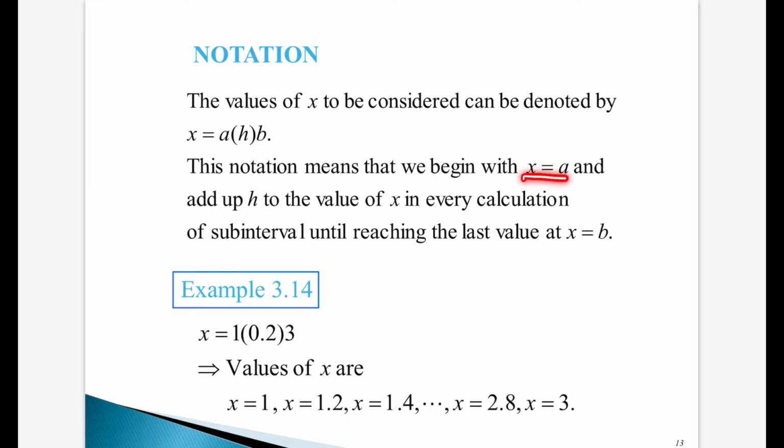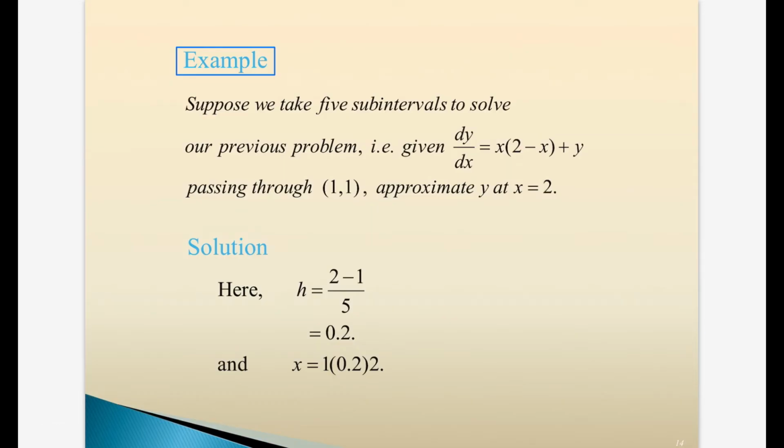So this is your first value a and the last value b. This is your x: x0, x1, x2, until xn.